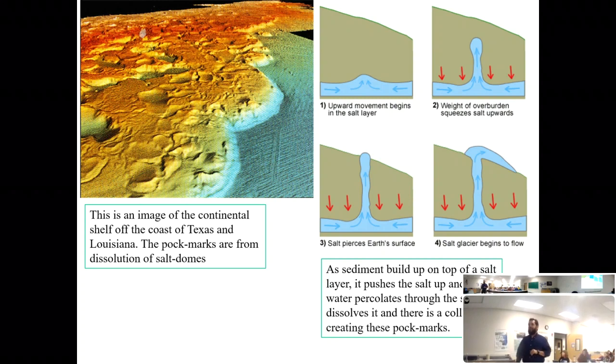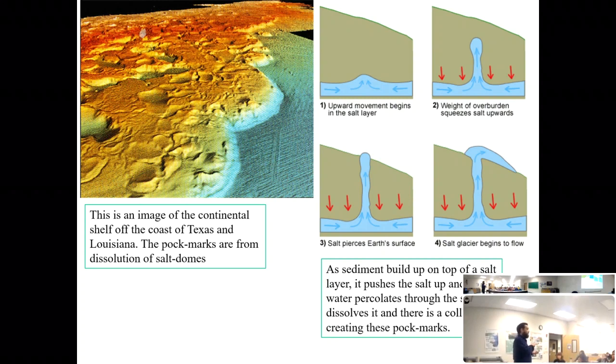What these are is related to what you have underneath the Gulf of Mexico, underneath all the sediments. There are layers of salt. Those layers of salt formed very early in the formation of the Gulf of Mexico, way back in the Triassic, in the dinosaur times, when the Gulf of Mexico was just forming.